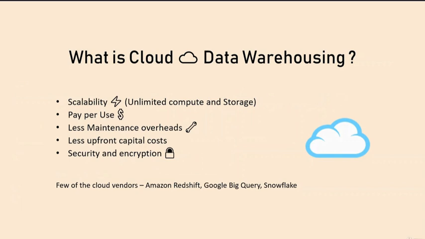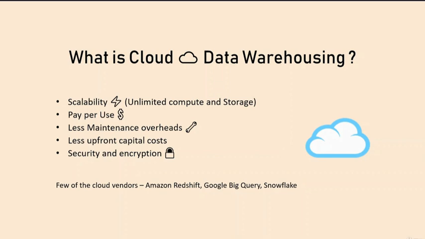Before we dive deep into the course, let us start with the basics. What is cloud data warehousing and how is it different from the traditional on-premise data warehouse? In a typical cloud data warehouse, the hardware, the software, the network infrastructure, everything is maintained by the cloud vendor.